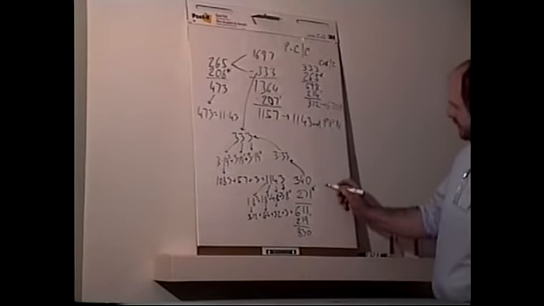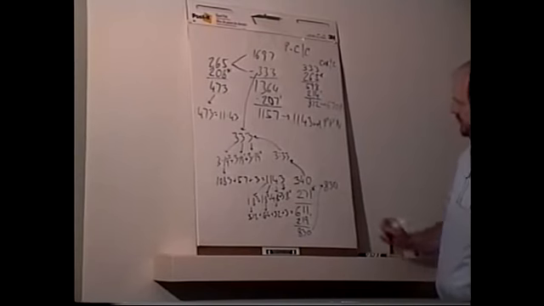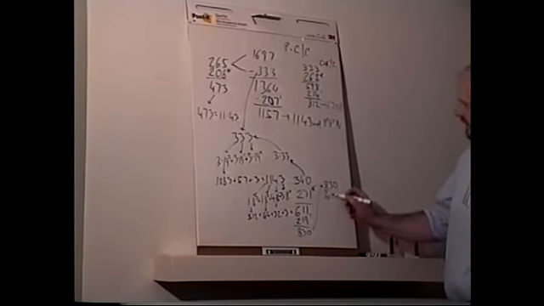I continue here. 830 is a composite number, anyone can see that. It's 684th composite number.